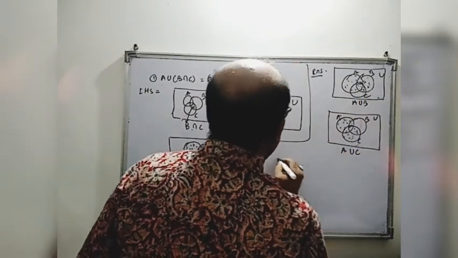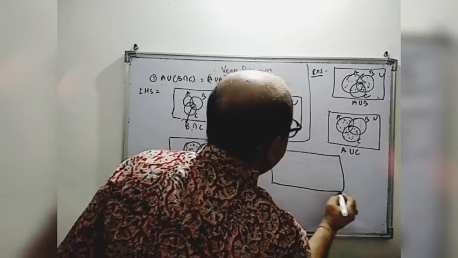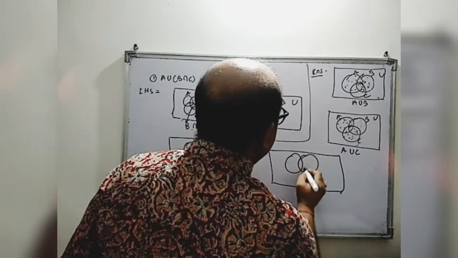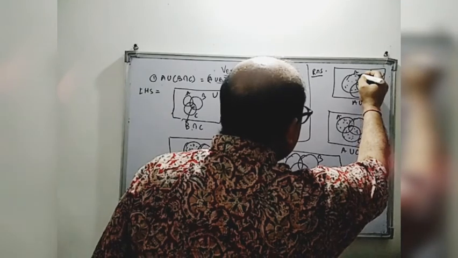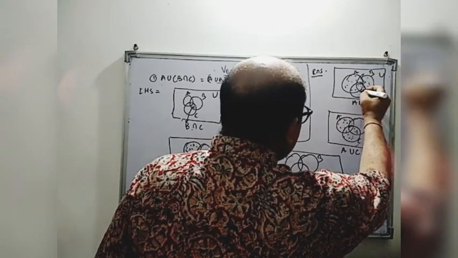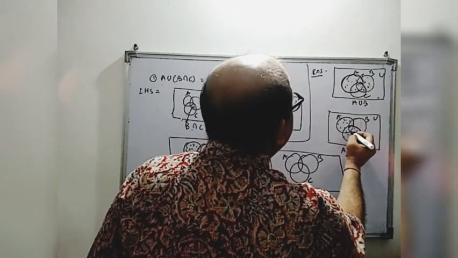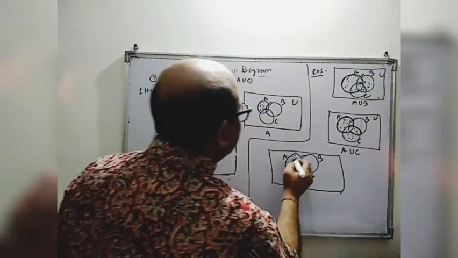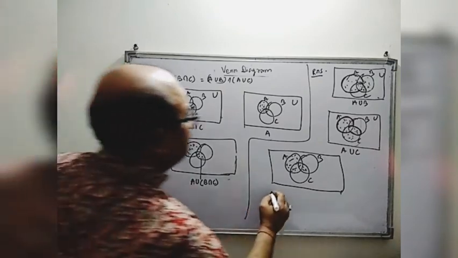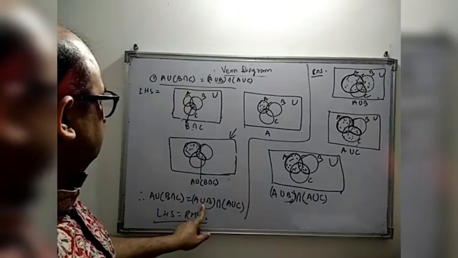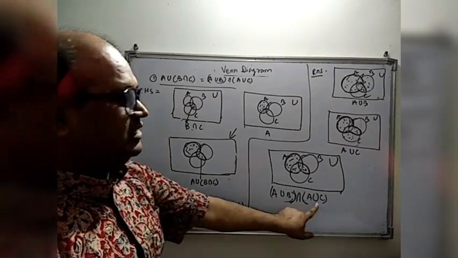So what I write here, A, B, C. What is common? This portion and C. This portion is common in both of them. Can you see? Both are equal. So A union B intersection C equals A union B intersection A union C.